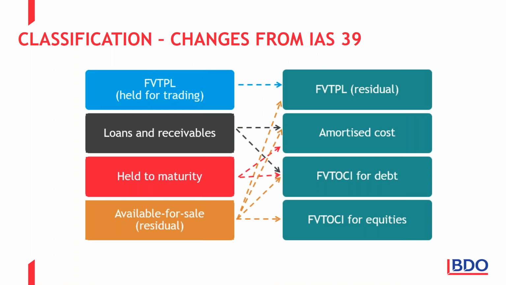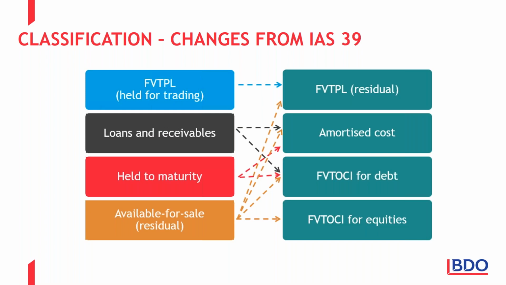So if we look at this slide, the purpose of this slide is really to say, yes, we've got 4 new categories of financial assets, but you can see that there could be quite a bit of movement between the categorization under IAS 39 and how we've put it into categories under the new IFRS 9.